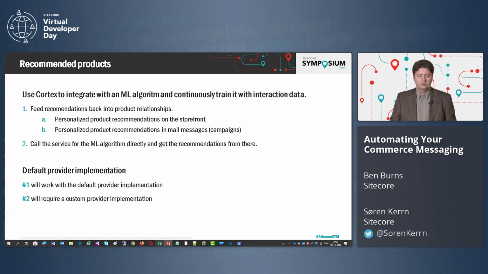That has a huge benefit in that it can be used both on the storefront itself, as customers are visiting the storefront, you can provide personalized recommendations based on their purchase history, and you can use it in mail messages, as we saw before. The other option is to call the service for the machine learning algorithm directly and get the recommendations from there. With the default provider implementation, the first option is implemented. If you want to call the machine learning algorithm directly, it will require a custom implementation.